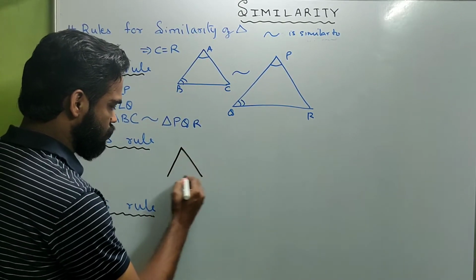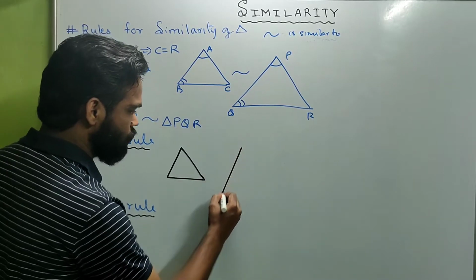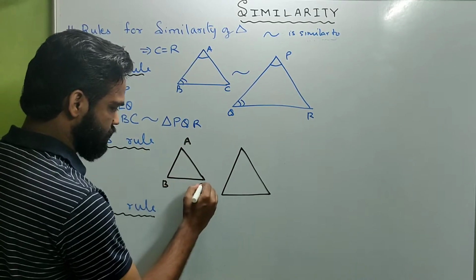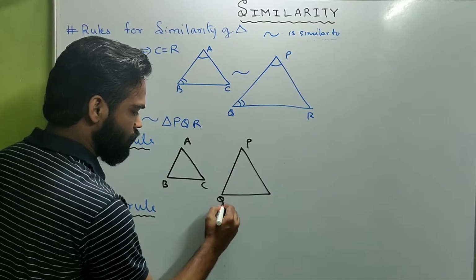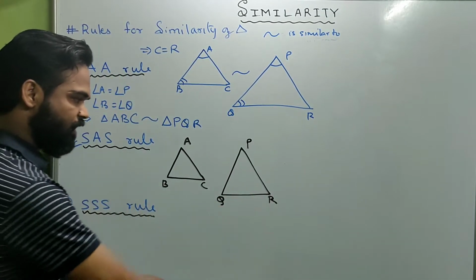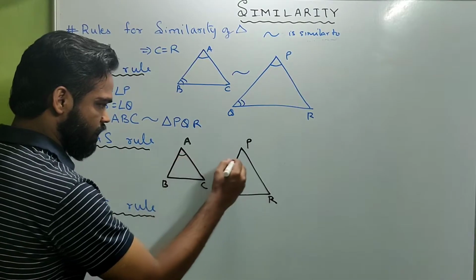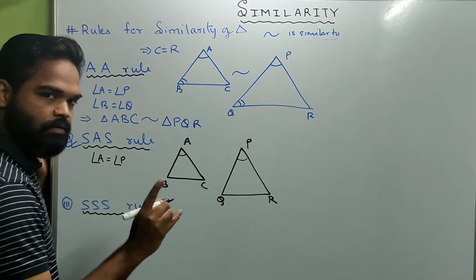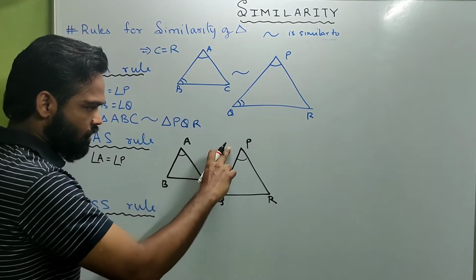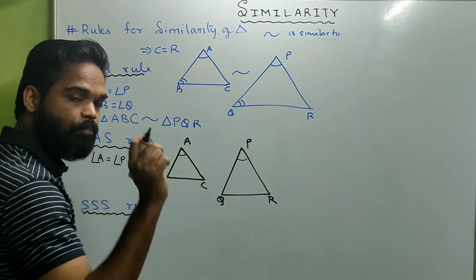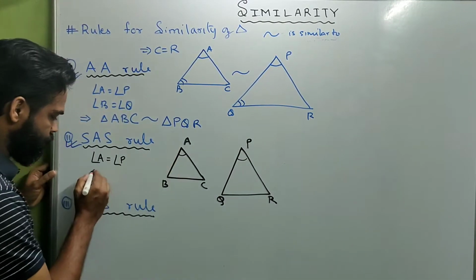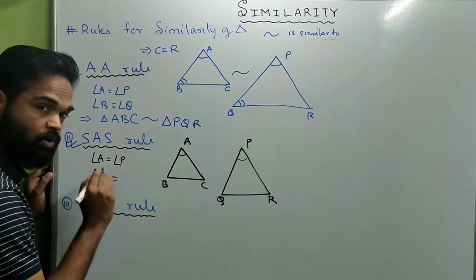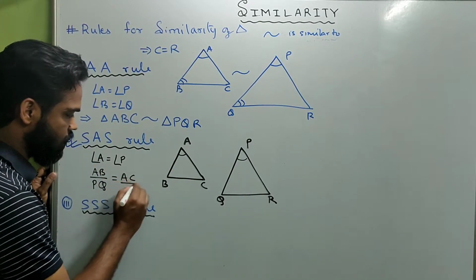If I take two triangles, suppose, look carefully, ABC and PQR, and if I tell you that angle A is equal to angle P, just note it, and the sides containing the equal angle are proportional to each other, which means AB by PQ is equal to AC by PR.